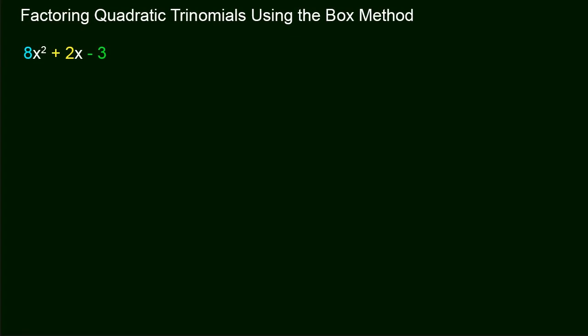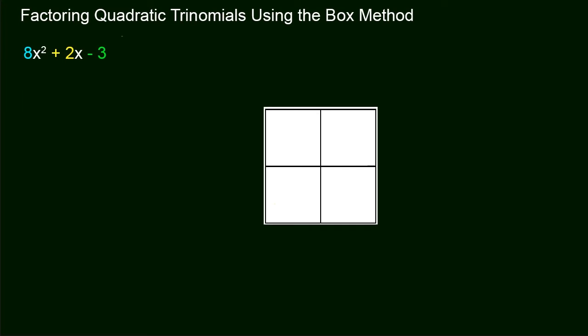Factoring quadratic trinomials using the box method. In the box method, we are essentially looking at the Punnett square method that we were using in multiplying two linear binomials.